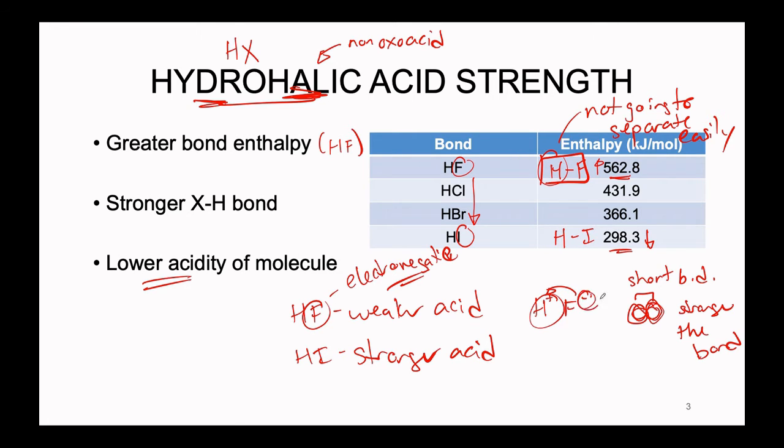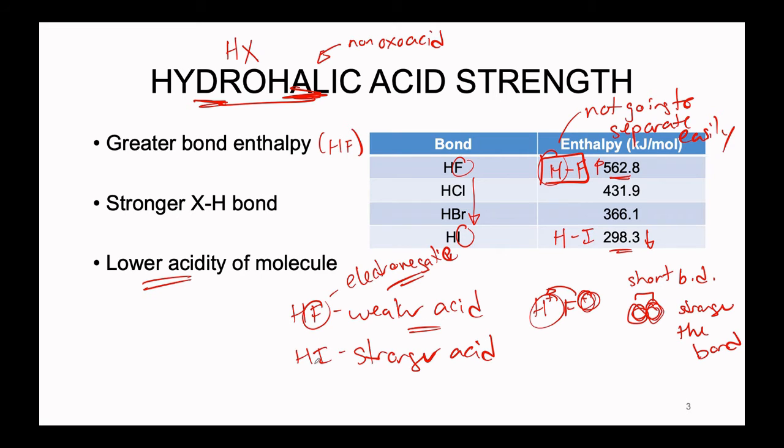All right, so we have a very strong negative charge on our fluorine. We also have a short bonding distance here. Both of these factors are going to cause the strength between the H and the F to increase, giving us a weaker acid. The hydrogen is going to be less likely to separate.